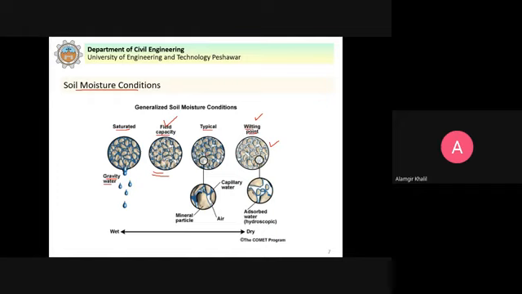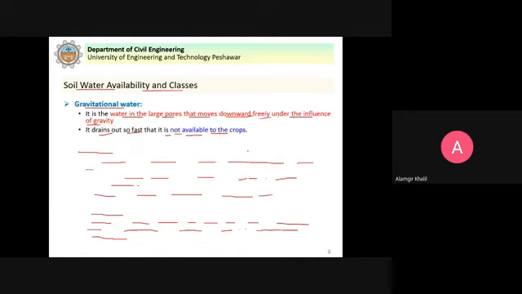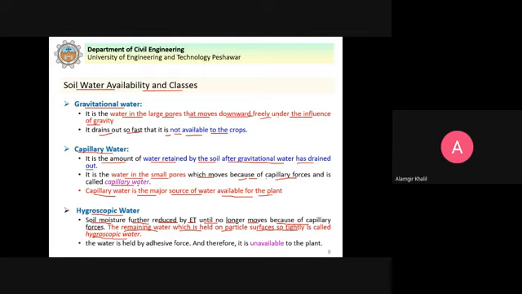In hygroscopic water, this water becomes very tightly attached to the soil particles, so it cannot be easily extracted by the plants. This is known as hygroscopic water.